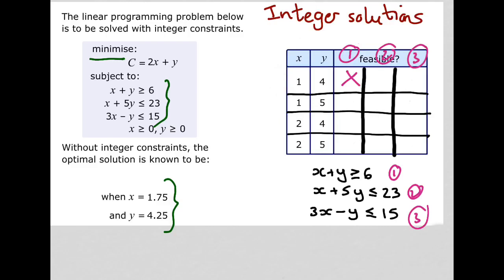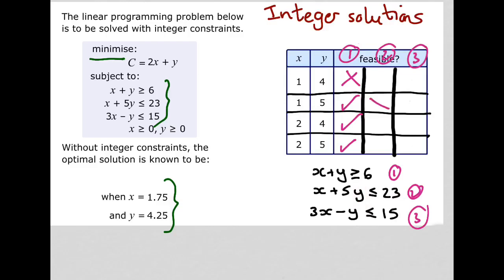Let's check 1, 5. If I put 1 and 5 in here, yes, 1 and 5 work. So does 2 and 4, so does 2 and 5. So they're all okay. Let's go to the second inequality. Again, I'm not going to look at this one because it's failed. If I put 1, 5 in, 1 plus 25, no, that doesn't work.